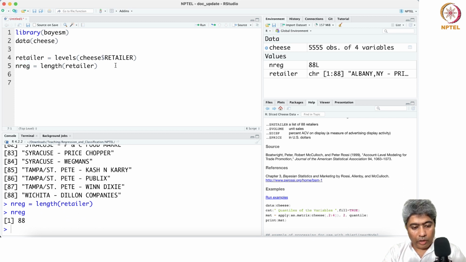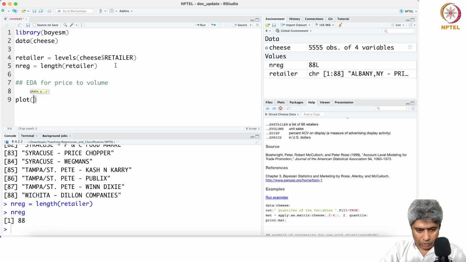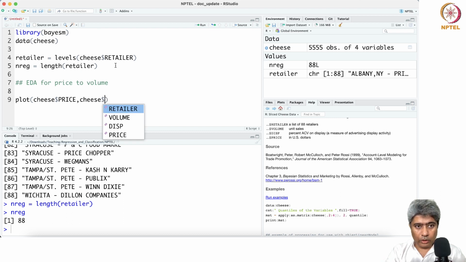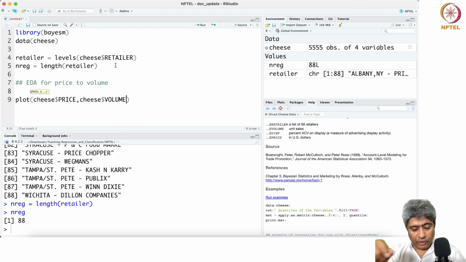Now I'm going to do some exploratory data analysis, EDA, for price to volume. The first thing is to plot cheese dollar price and cheese dollar volume. For each price, what are the sales that you see?